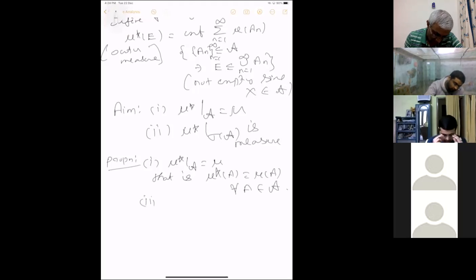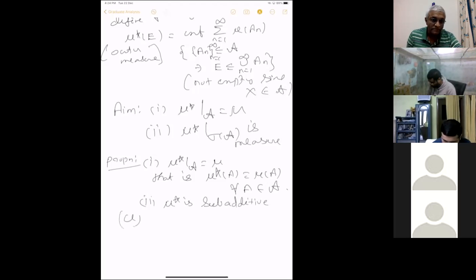Then we have defined what is called subadditivity, if you remember. Any countably additive function is also subadditive. We have proved that. So mu star is subadditive. What does it mean?